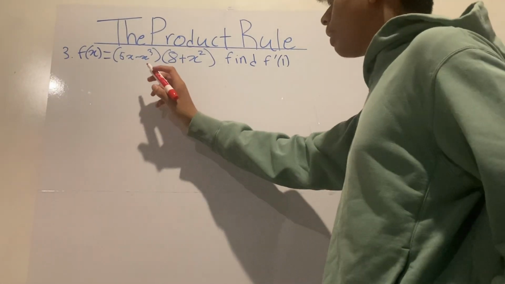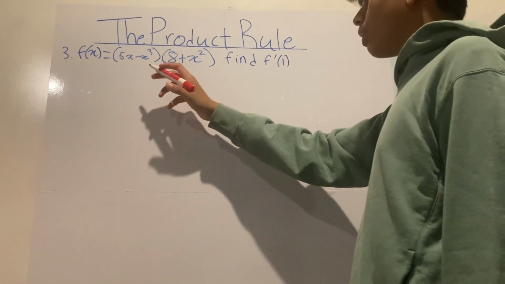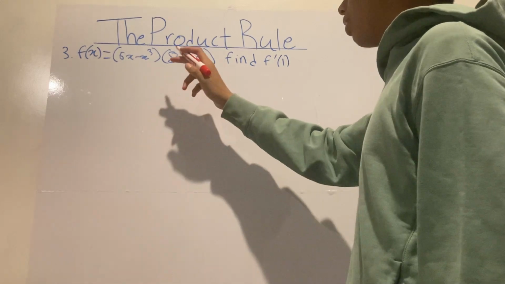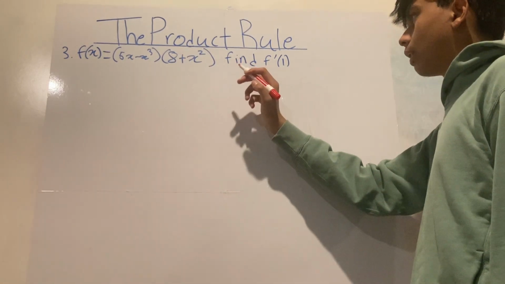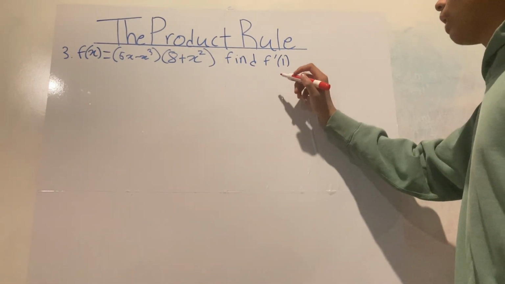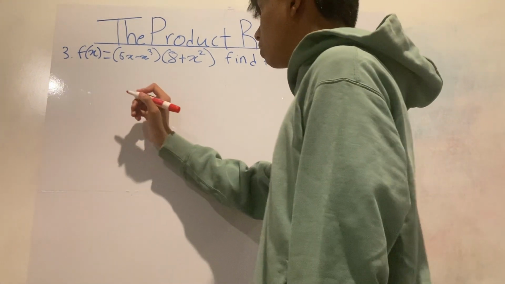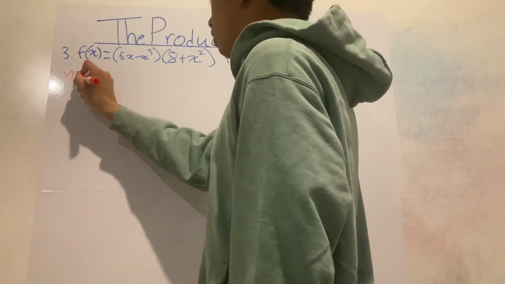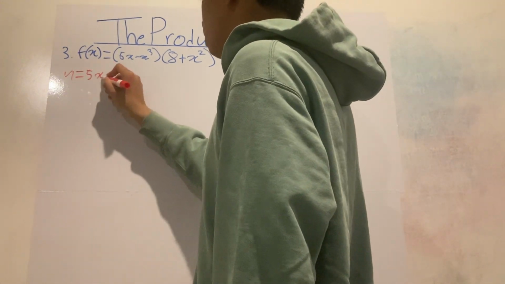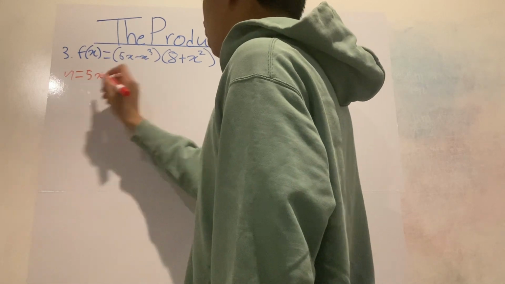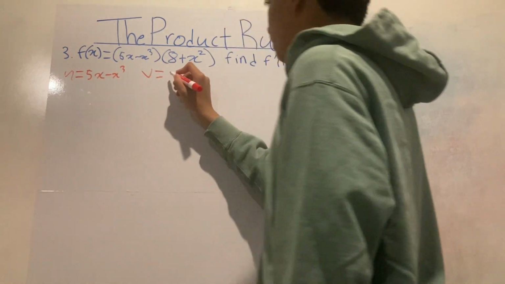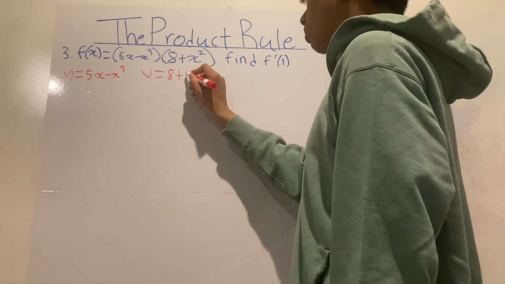Okay, so number 3, we have f of x equals 5x minus x to the 3 times 8 plus x squared. And they're also asking us to find f prime of 1. So first, we have u equals 5x minus x to the 3, v equals 8 plus x squared.